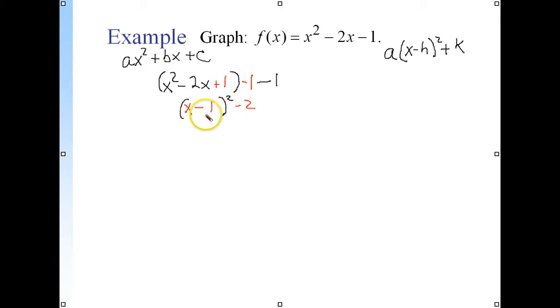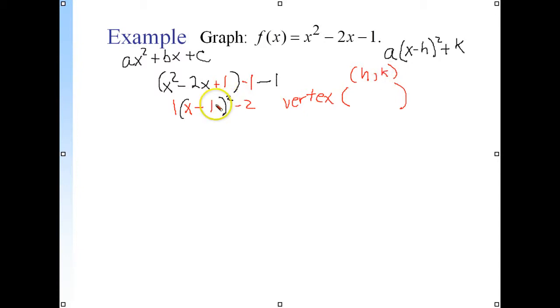So for instance, would this parabola, and keep in mind a out here is just a 1, open upward or downward? Upward. A is positive. Okay, what will be our vertex? By the way, the vertex is h, comma, k.